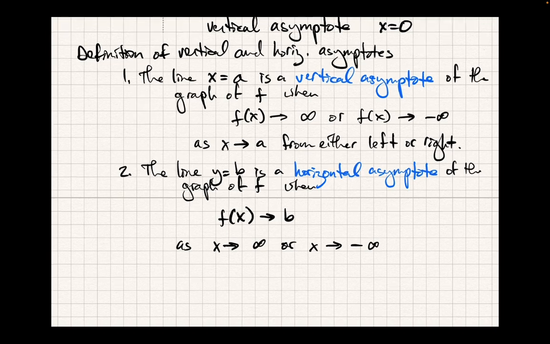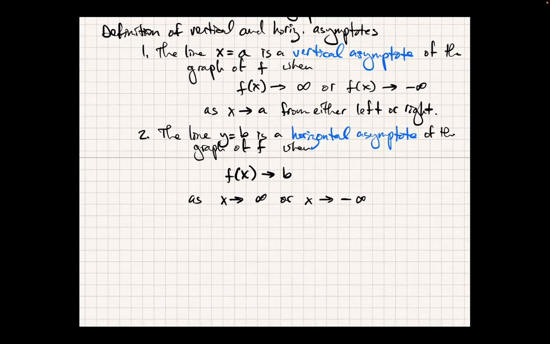Okay, I'm going to leave that up for a second. I'm going to draw some examples. So I'm just going to draw a function here. This function is going to be f of x equals 2x plus 1 over x plus 1.